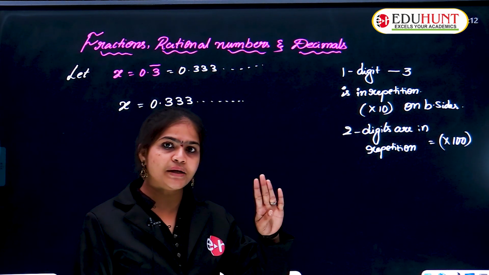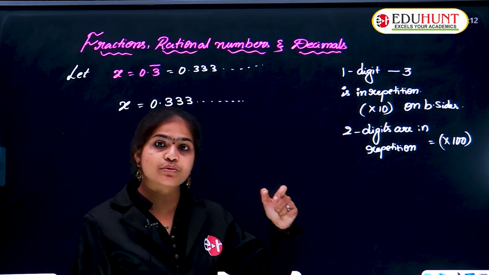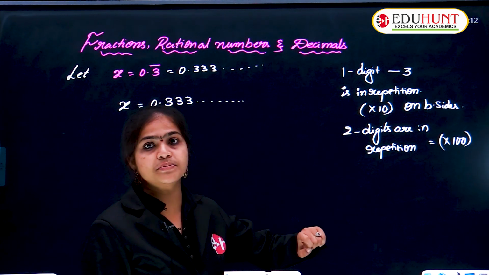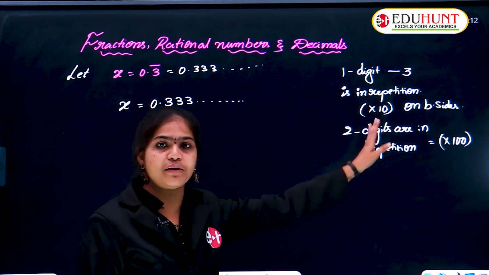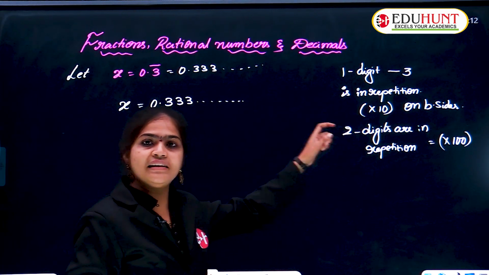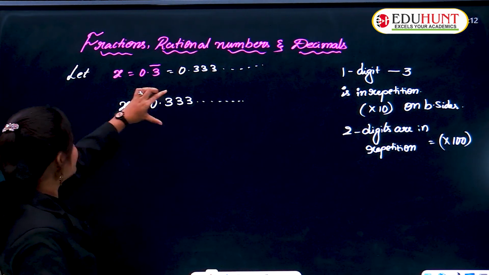If 4 digits are in repetition, multiply by 10,000. So first observe the number of digits in repetition; that many zeros we have to keep after 1, and multiply both sides by that number.